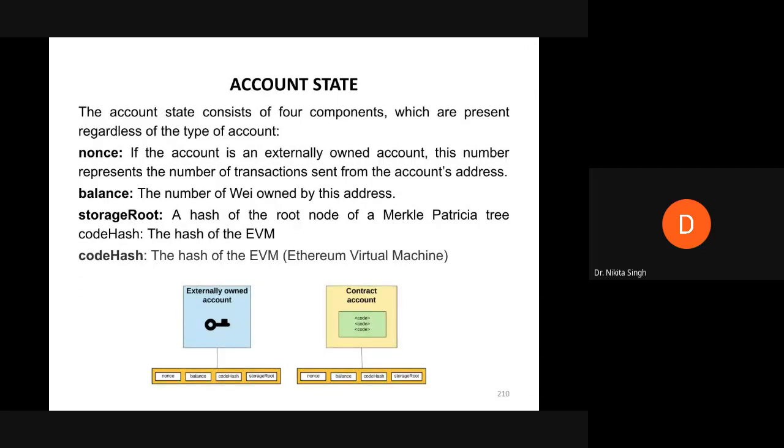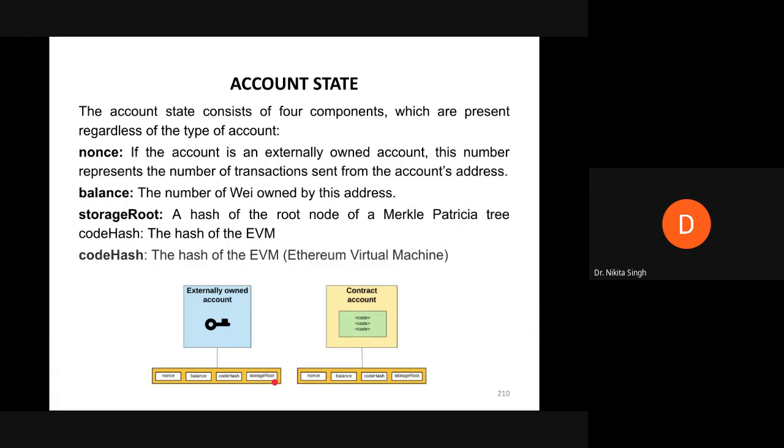So these are the four fields that are associated with an account. We'll see both this storage root and this code hash in detail when we study the Merkle Patricia tree. But for now, all we need to know is that every account will have some fields associated with it. First is nonce, we have balance, we have code hash, and we have storage root hash.